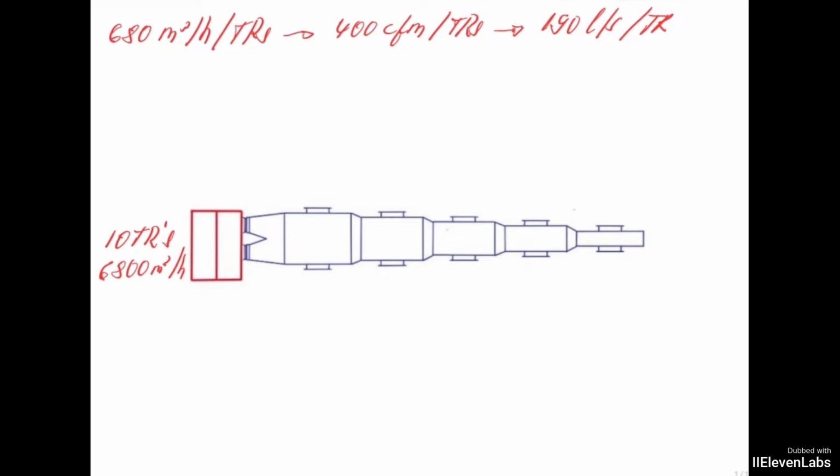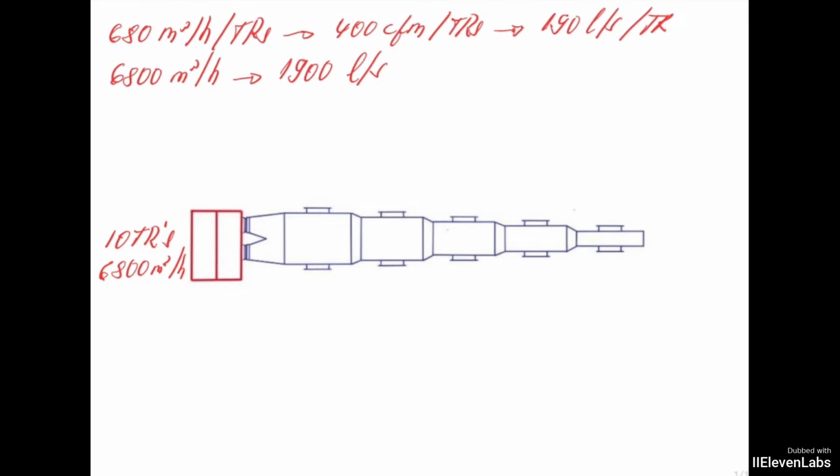So for our standard 10 TR equipment, we will have a total flow of 6,800 cubic meters per hour, okay, because it's 10 TRs or 1900 liters per second, which is the unit we're going to use in our program, okay.